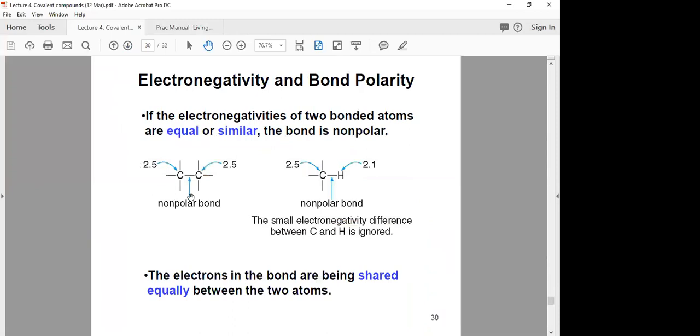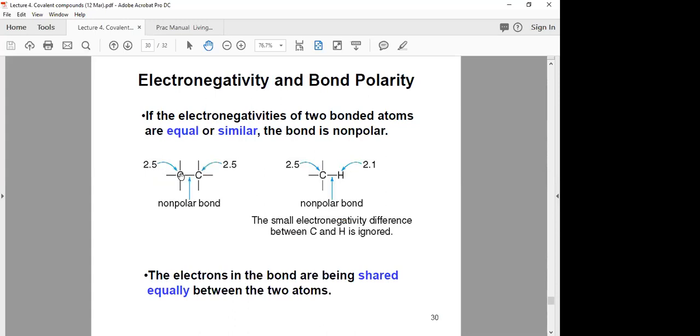All right, let's look at an example of electronegativities of 2 bonded atoms. So here we have 2 carbon atoms, and you can see the covalent bond in between them. The electronegativity value for carbon, as seen on that table on the previous slide, is 2.5.